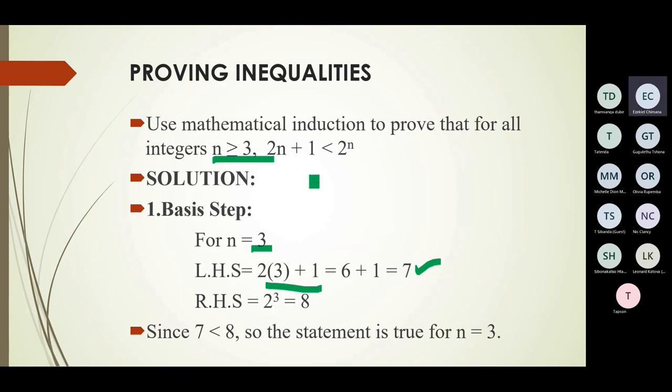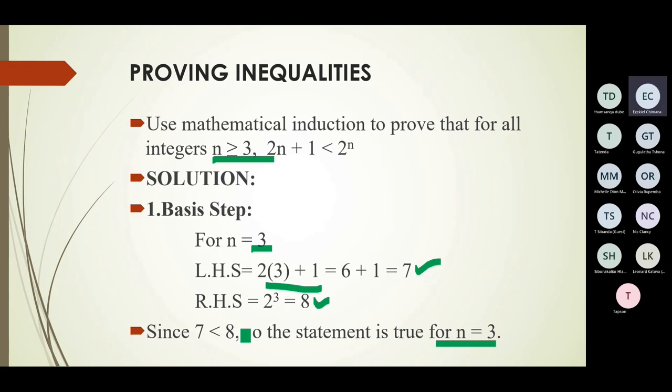From the right hand side, we get 2 to the power 3, which is equal to 8. So since the left hand side is less than the right hand side, 7 is less than 8, the statement is true for n equal to 3.